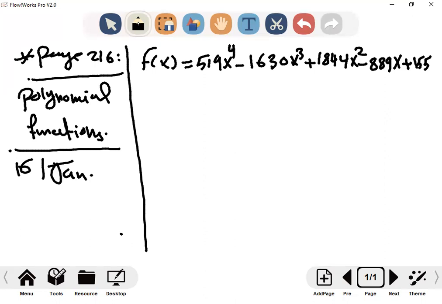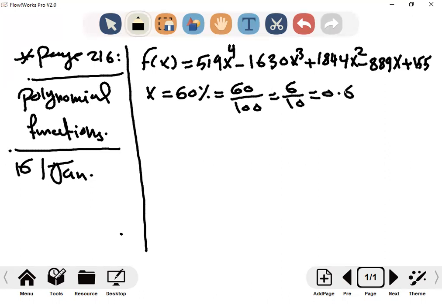Find the core density of the sun at a radius of 60% of the way to the surface. So x here is given by 60%. Now, we cannot substitute a percent, we need to substitute a value. So we turn this percent into a value. 60% means 60 over 100, which means 0.6. So they want us to find F of 0.6.